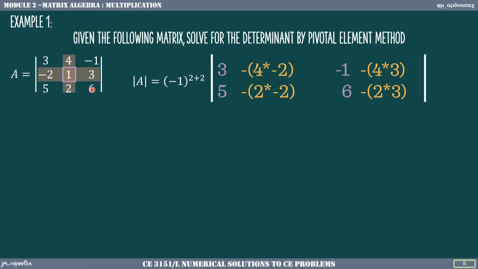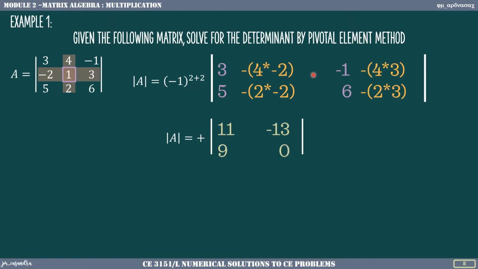Okay, so simplifying, negative 1 raised to 4 is a positive value. So 3 minus negative 8, we get 11. 5 minus negative 4 is 9. Negative 1 minus 12 is negative 13. 6 minus 6, we get 0.